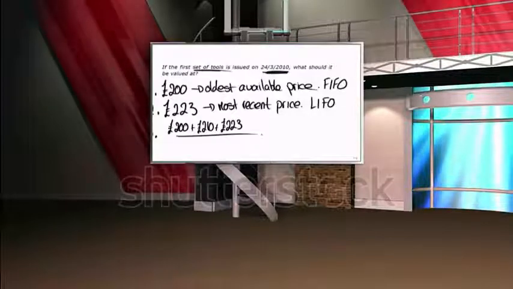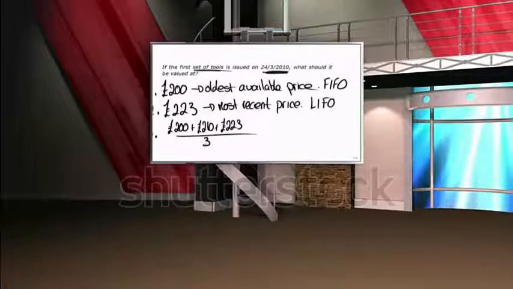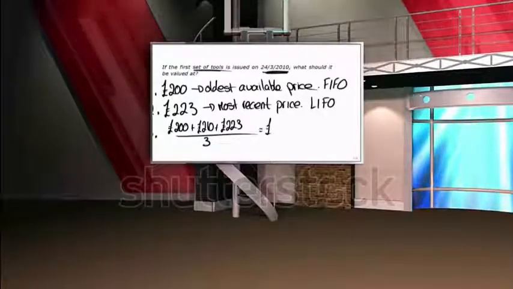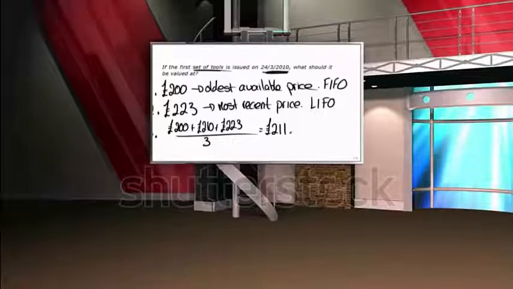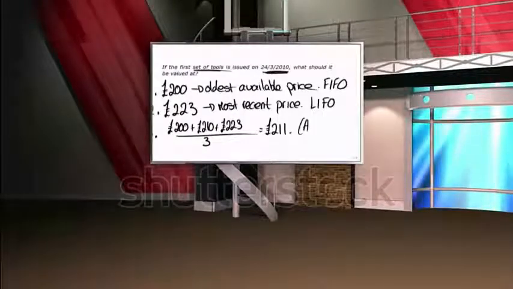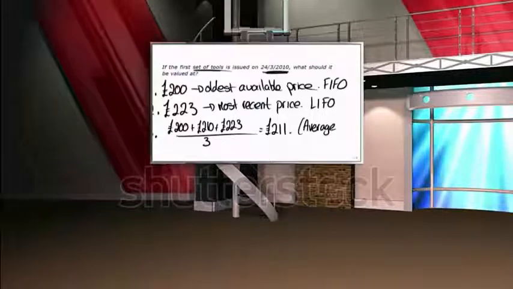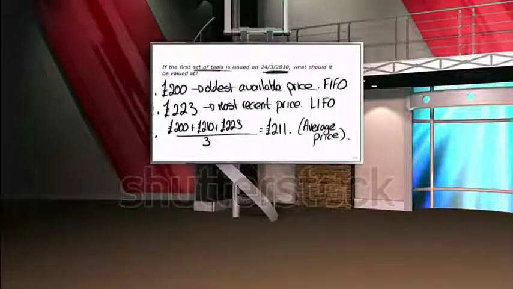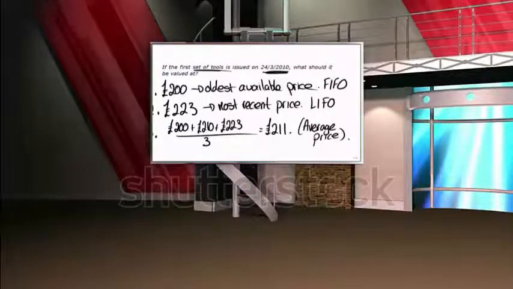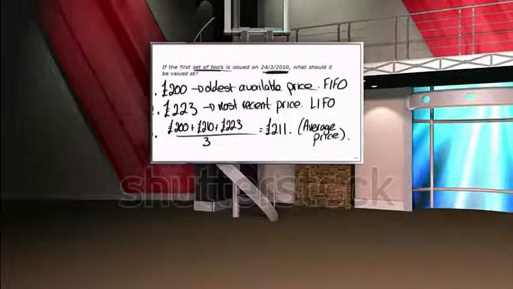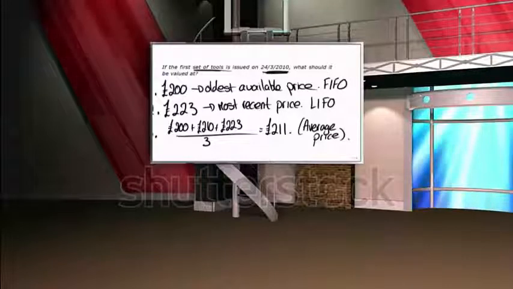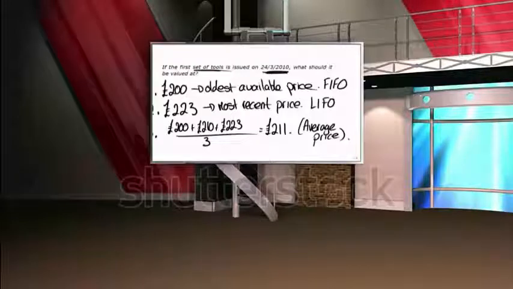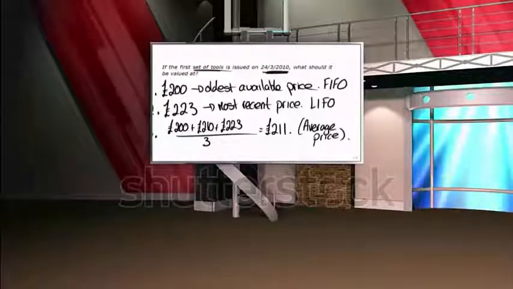So the total cost of all our purchases divided by the number of units we purchased. And we get an average of 211. So this is our average price. And these effectively are the three different methods we can use to value our inventory: FIFO method, LIFO method, and our average, or what we will refer to as the weighted average method.